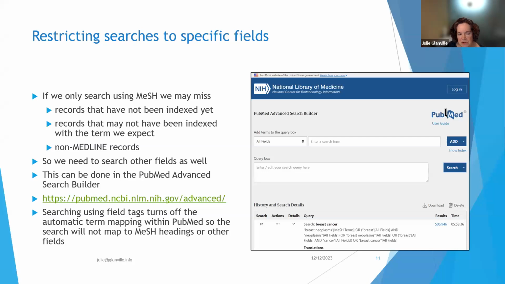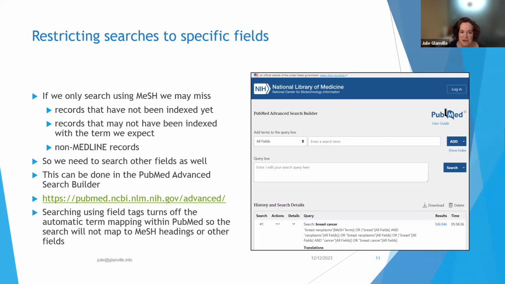Obviously searching with the mesh terms is really important, but we want to search using additional options as well, because if we search only using mesh, we run the risk of missing records. We'll miss records that haven't been indexed yet, records that may have been indexed but by some chance not with the term we expect to be applied, and also non-Medline records.